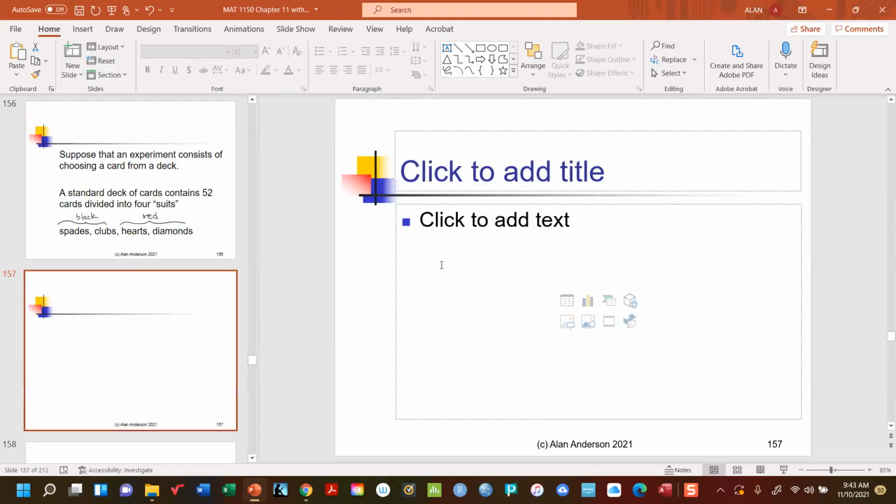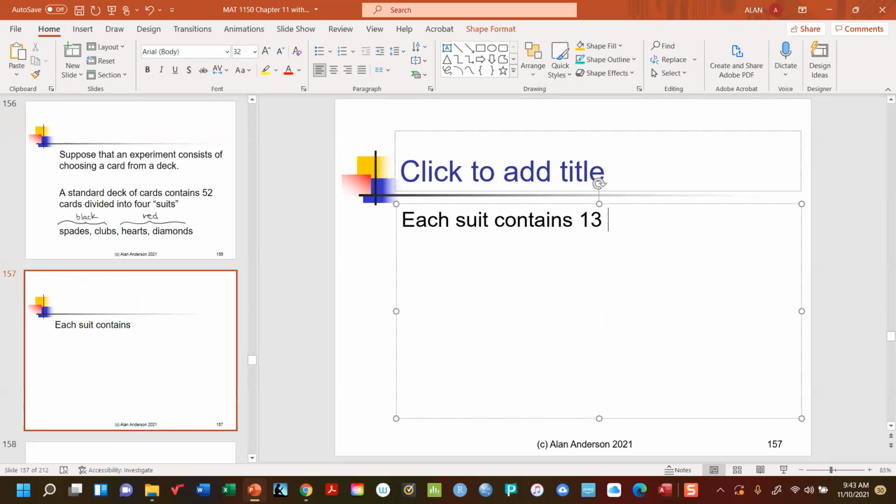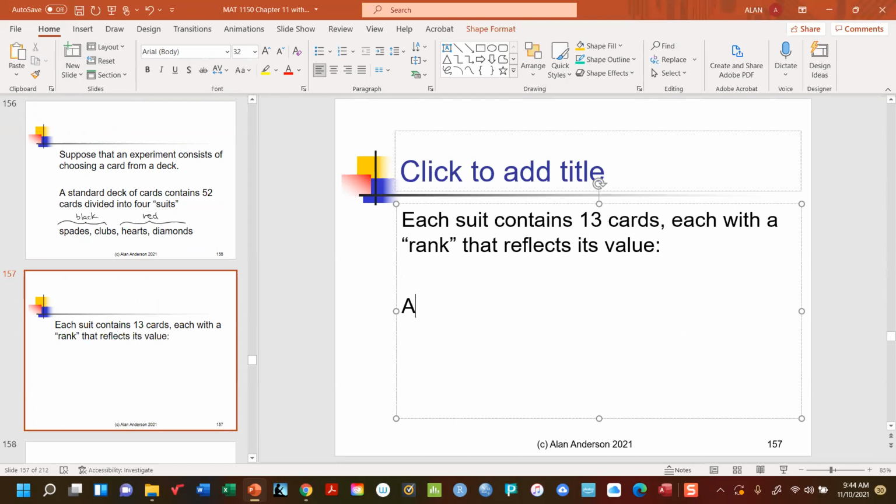Okay, so each suit contains 13 cards, each with a rank that reflects its value, I guess you could call it. Now we have the ace, 2, 3, 4, 5, 6, 7, 8, 9, 10, J, Q, K. Now these last 3 are the picture or face cards.